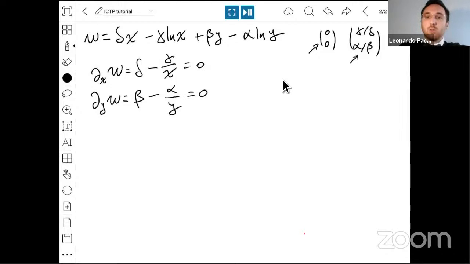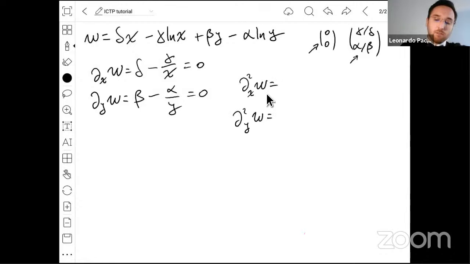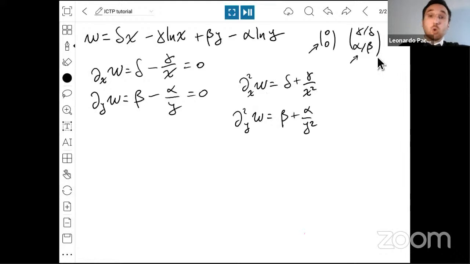So this non-trivial equilibrium is indeed an extremum for this function. But then if we compute the second derivatives of this function, we get functions that are always positive. So we are sure that this non-trivial equilibrium is not only a minimum of the function, but a global minimum, because it's the only one.